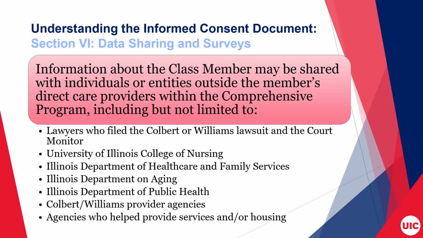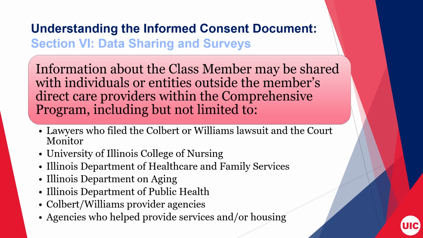In this section of the informed consent document, the class member is also consenting to share their information with individuals or organizations associated with the comprehensive program, including entities outside of their direct care providers.